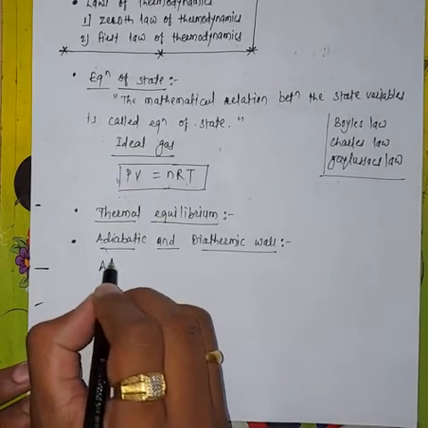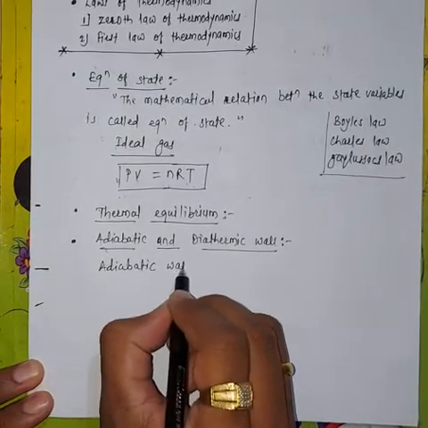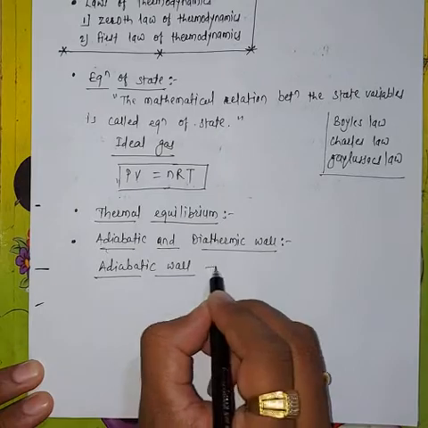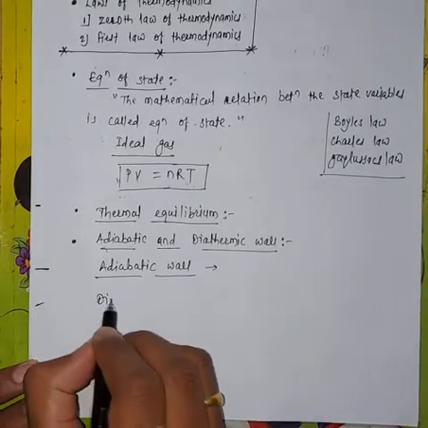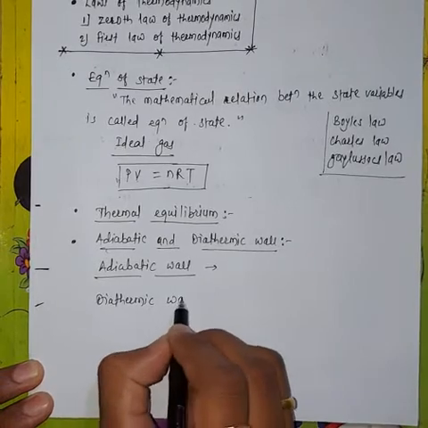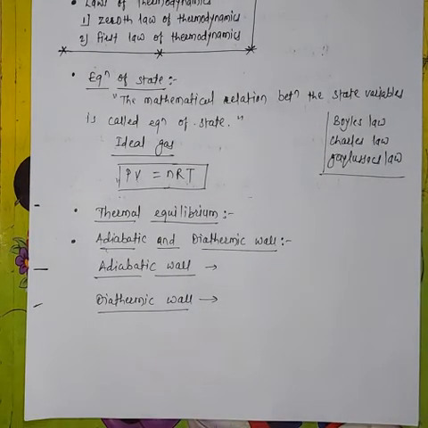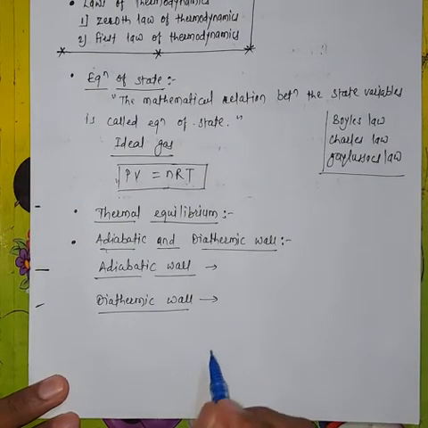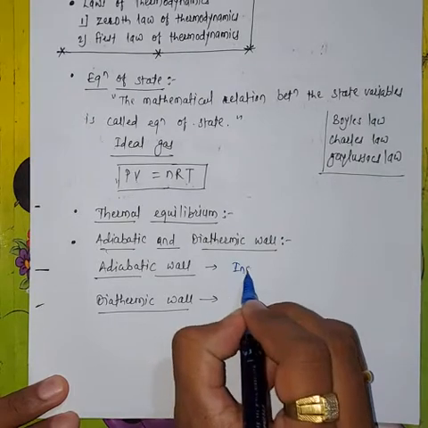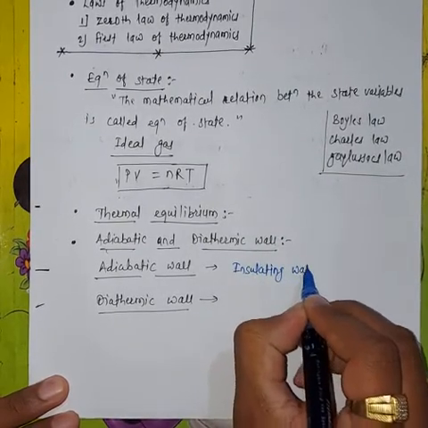So that is the adiabatic wall. This is one concept, and the diathermic wall. So what is adiabatic and what is diathermic? Adiabatic wall means the insulating wall. What is an adiabatic wall? That is an insulating wall.